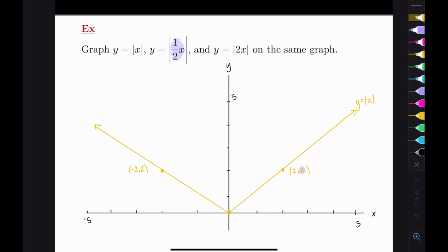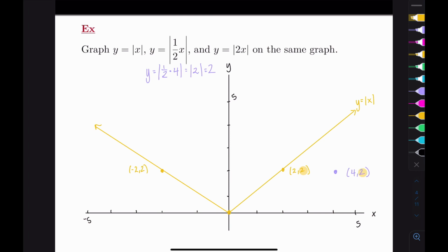Right? So if I think about this, what we would have to do is if I plug in 4, this would be 1/2 times 4, which gives us the absolute value of 2, which is 2. So now instead of plugging in x equals 2, I need to plug in x equals 4 to get the same y value of 2.